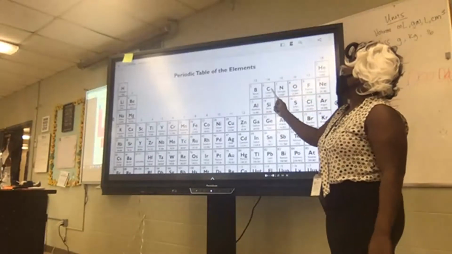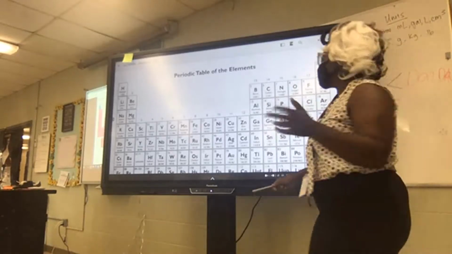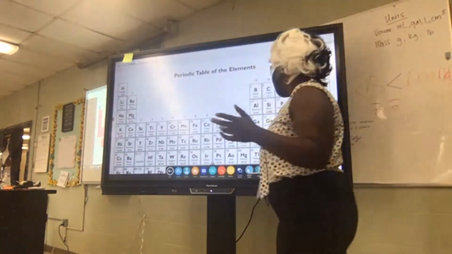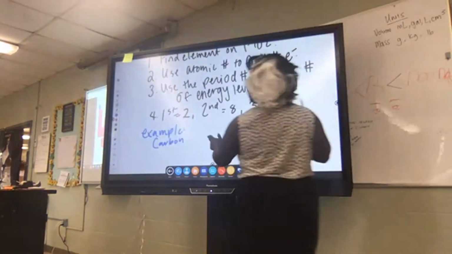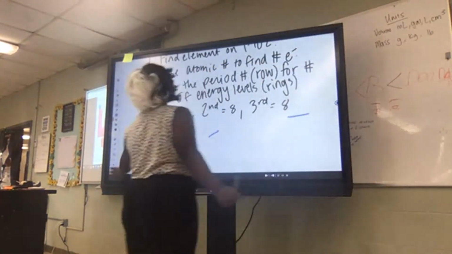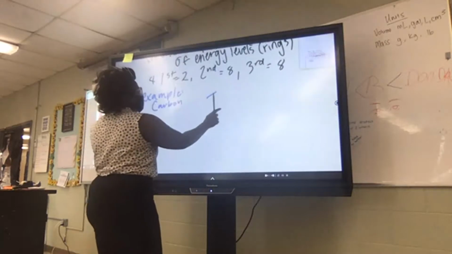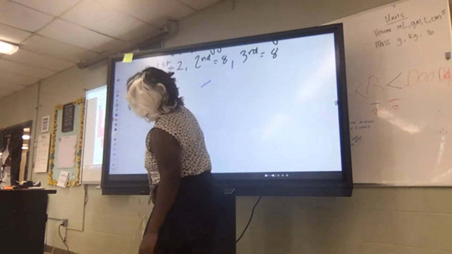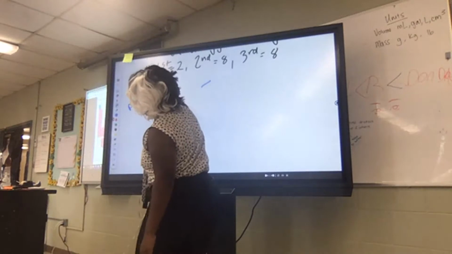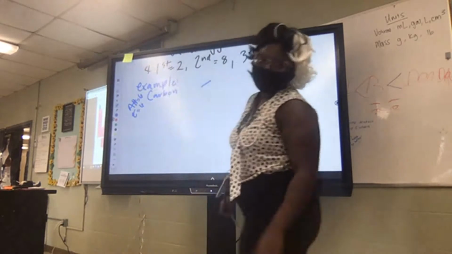If I'm looking at C, I know that this single number in the corner is going to be the atomic number. So since that is the atomic number, I know that carbon is also going to have 6 electrons. Atomic number equals 6, so my electrons equal 6.